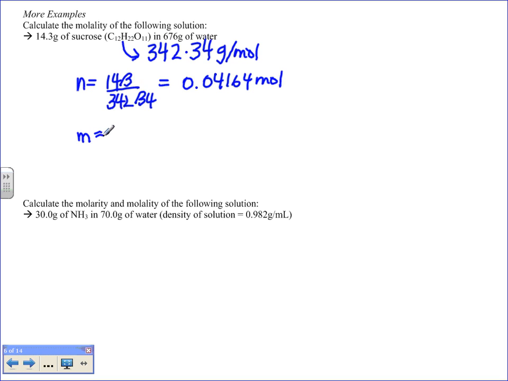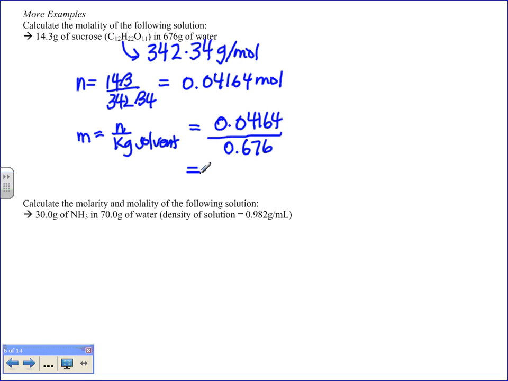So the molality, which is the moles per kilogram of solvent, is 0.04164 divided by 0.676. You simply need to convert the grams of the solvent to kilograms by dividing by 1,000. So we have a molality here of 0.0616.